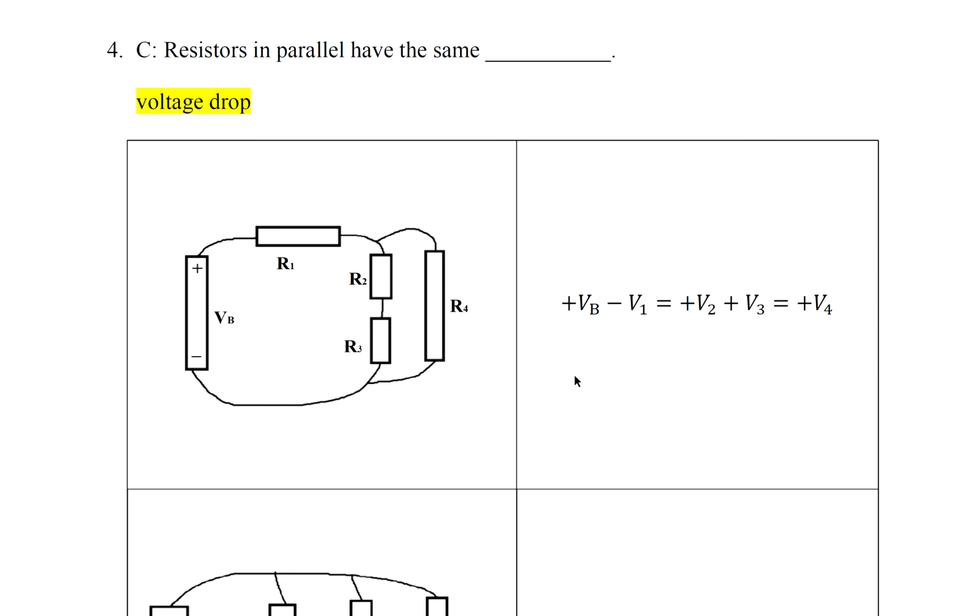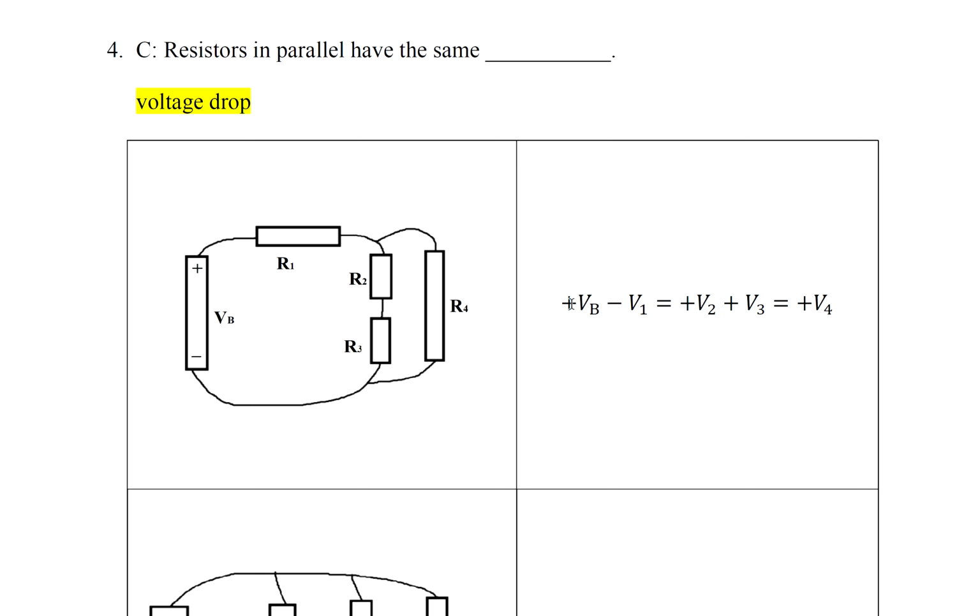Question 4. Resistors in parallel have the same voltage drop. So if you take a look at this image on the top left, we're going to have the battery and resistor 1 in parallel with resistor 2 and resistor 3, and that's in parallel with resistor 4.